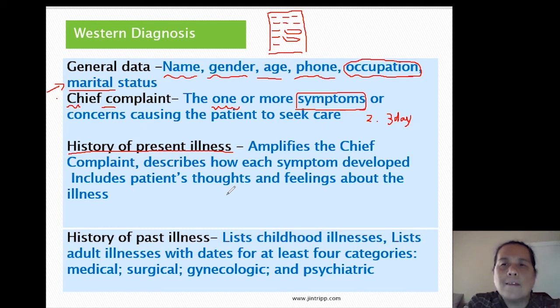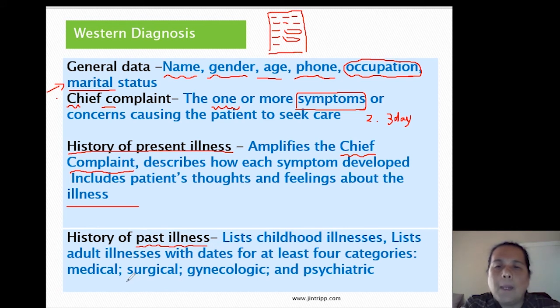So that's the chief complaint and the personal illness: anything related to the chief complaint, with detail going to personal illness. Then the patient may have other illness not directly related to the chief complaint, so we put that under past illness.